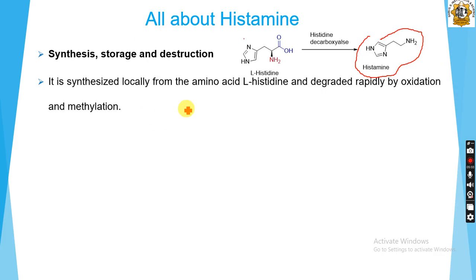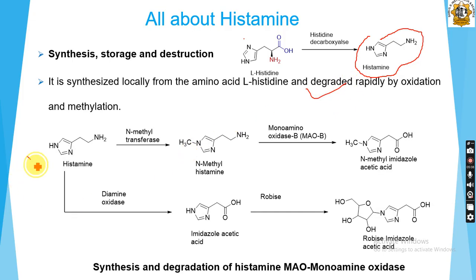It is synthesized locally, not stored, and rapidly degraded. So this is the degradation pathway. There are two ways: N-methyltransferase, here N-methyl, and then monoamine oxidase, which we discussed last time also. It forms a carboxylic acid: this amine goes out, it forms an aldehyde, then acid.